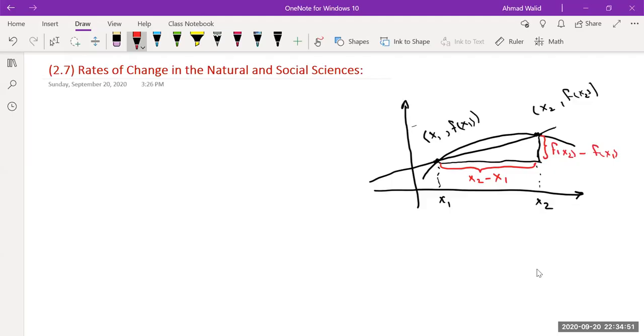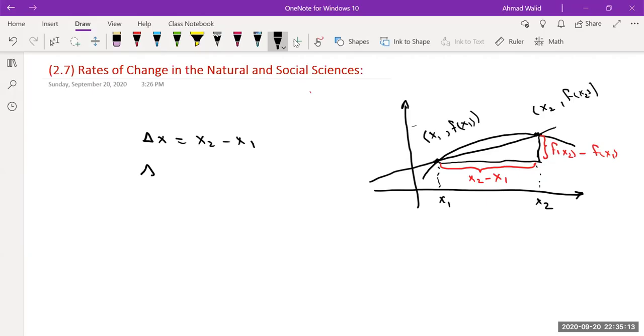You know again from algebra that if I name x2 minus x1 delta x, delta x equals x2 minus x1, which means change in x, correct?